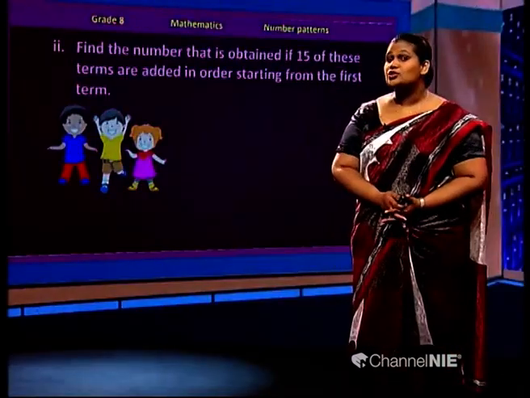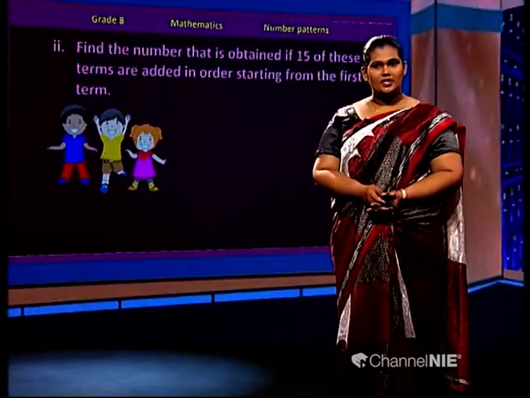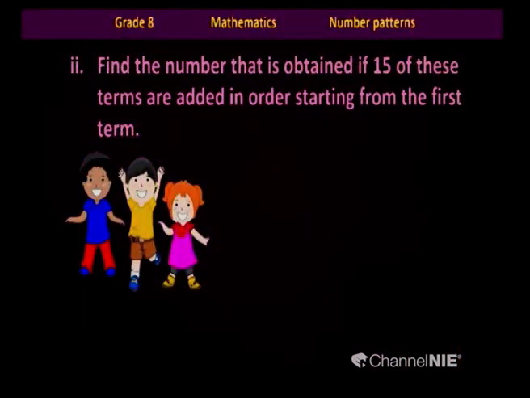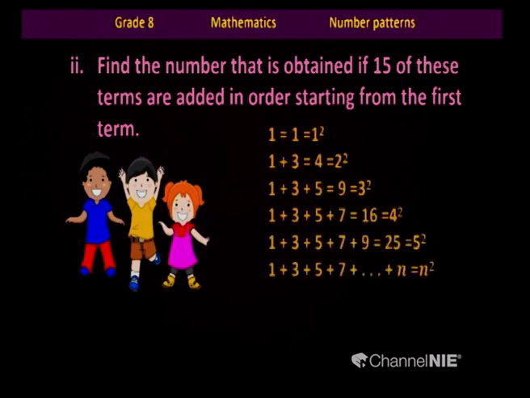Right. Part 2. Find the number that is obtained if 15 of these terms are added in order starting from the first term. Right. Now, 15 of these terms are going to be added. Once again, I will have the sketch.